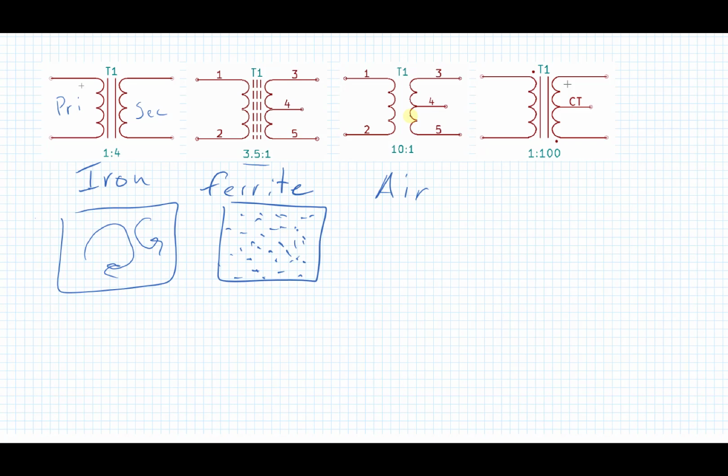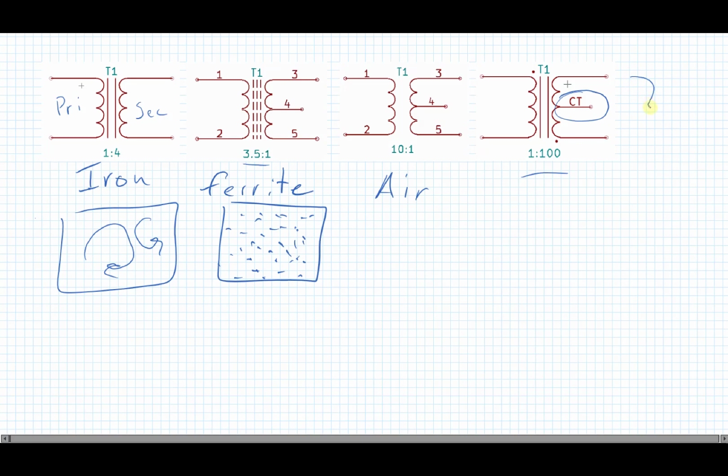On the end here, there are a couple of things that are unique about this last transformer that has the 1 to 100 turns ratio. I didn't really talk about it, but there's this middle pin right here, and we call that the center tap. What that does is create a voltage divider. We have the whole secondary here, but now we have a voltage divider.